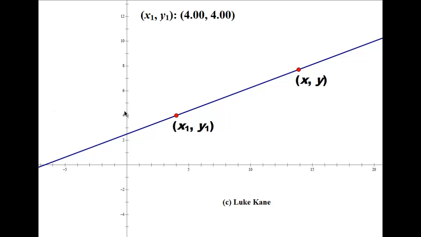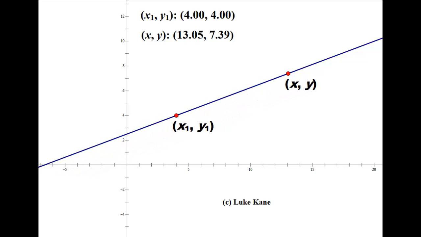Now let's pick another point. This point, in contrast, is not going to be fixed. This point can represent any point on this line. So right now it has coordinates that have a few more decimal places than x sub 1, y sub 1. And notice the coordinates can change because this point can represent any point on this line. It can drift down towards negative infinity in the x and y direction, and it can bounce back towards the positive infinity direction.